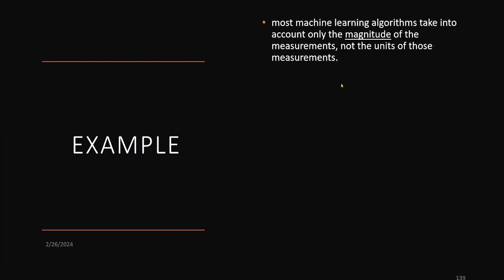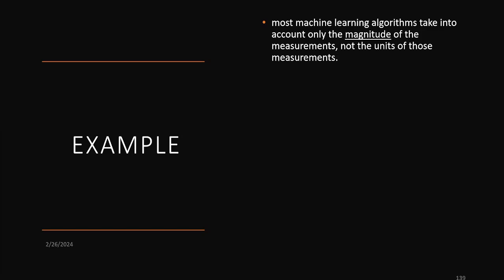So let's take an example here. Almost all machine learning models are impacted, unless we are talking about some heuristics-based or logic-based machine learning. Most of the machine learning models that we talk about in AI only factor in the magnitude of the value in the column, and they don't know anything about the units, for example centimeter, meter, or kilometer.